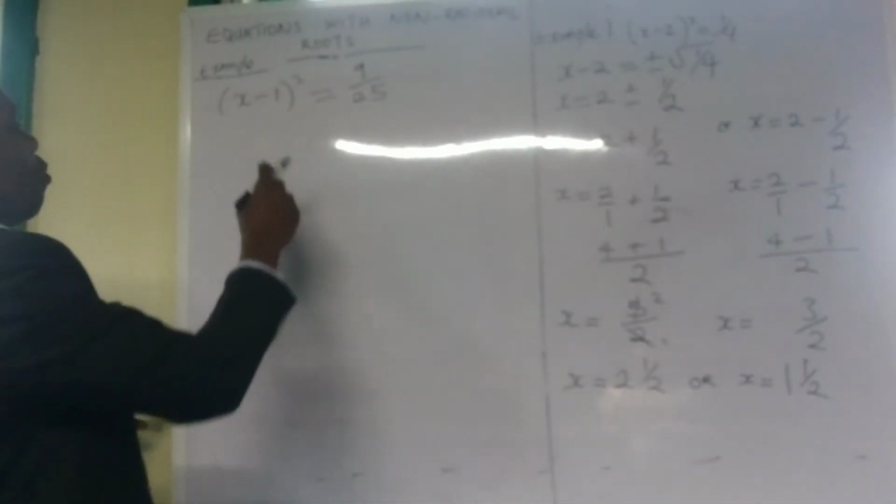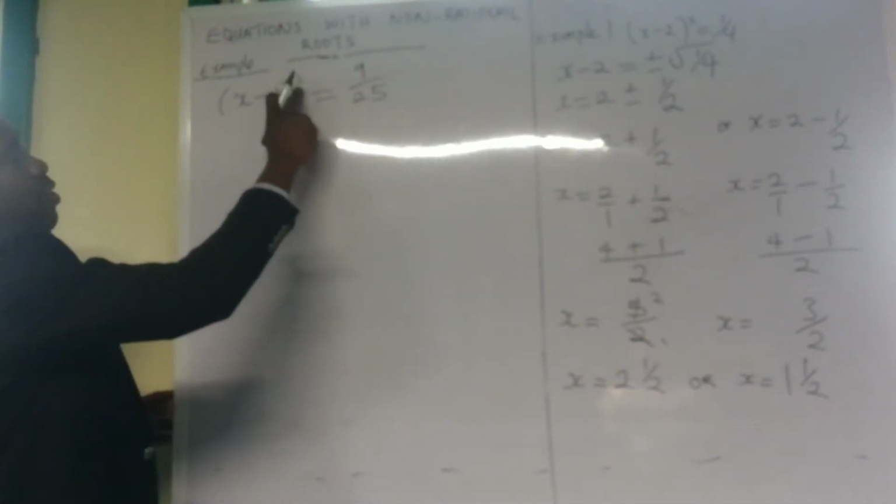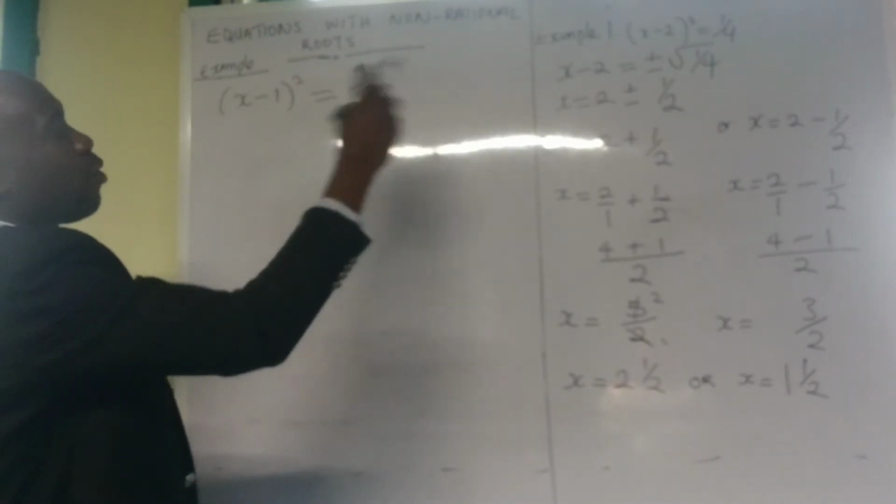Like we said here, we will transfer the raised to power to this side to give us plus or minus. So it will now become x minus 1 equals plus or minus square root 9 all over 25.